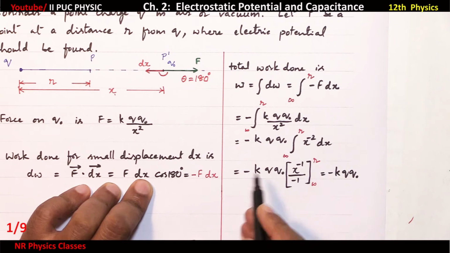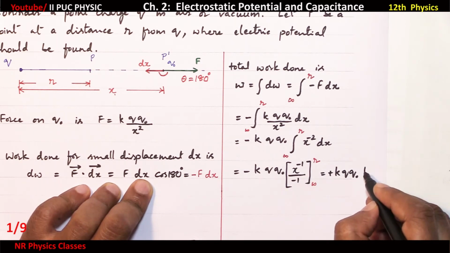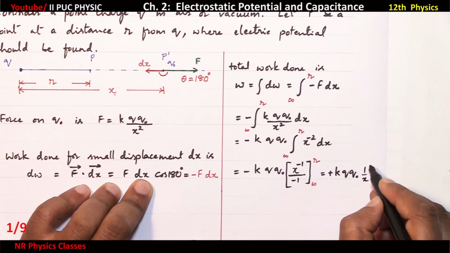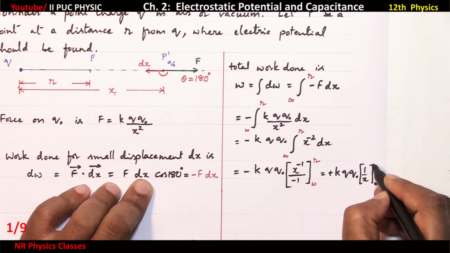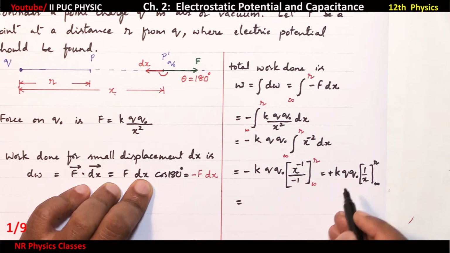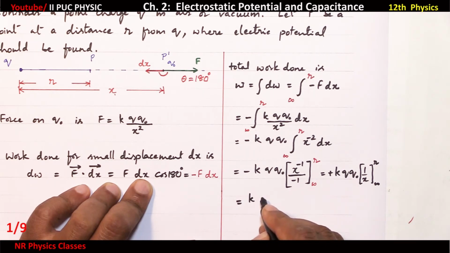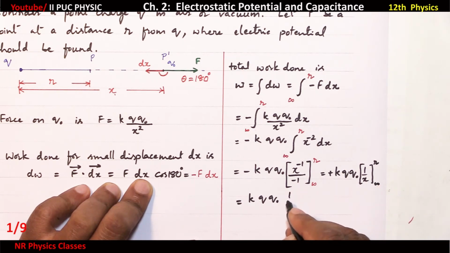This minus becomes plus. X to the power of minus 1 is 1 by x. Limits are from infinity to r, equal to k Q Q0, constant Q0, give upper limit 1 by r minus, give lower limit, 1 by infinity.